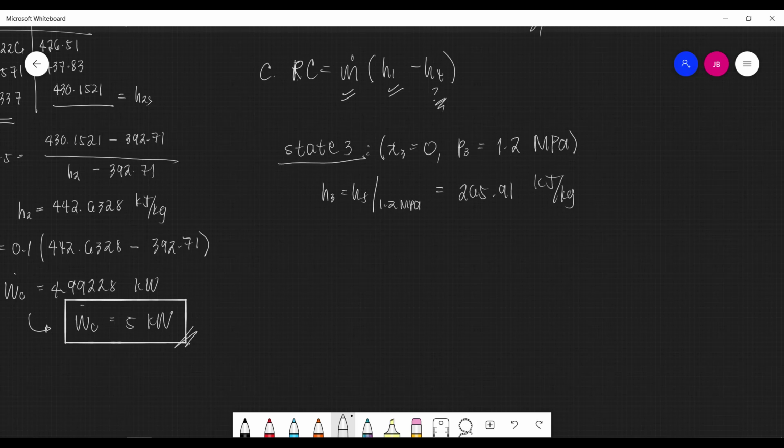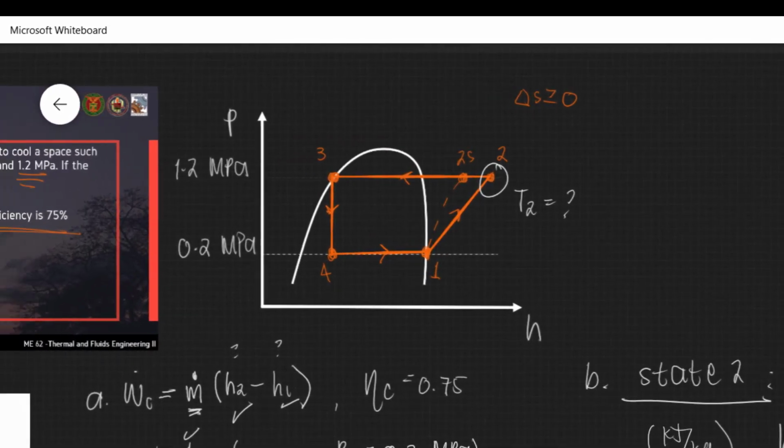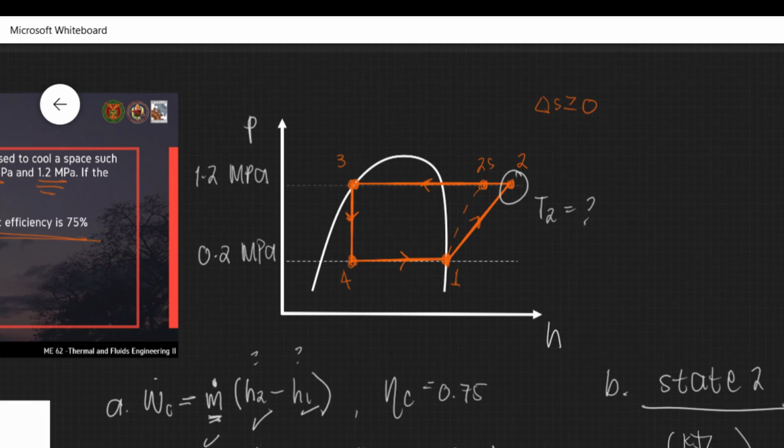And also, we know that state 4, H4 rather, is going to be equal to H3 because this is an isenthalpic process. Okay? So, kapag nalolost kayo, balik kayo sa P-h diagram. Kung alam niyo si H3, di ba? Ito si H3. So, same lang yan kay H4.